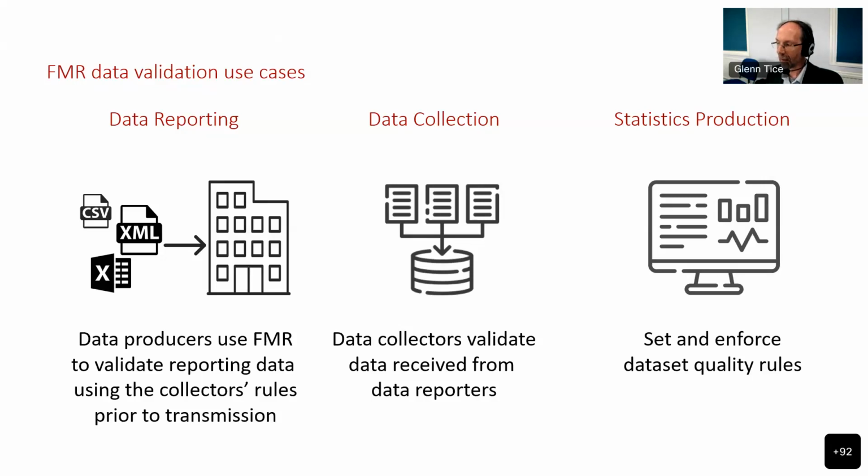Perhaps in producing data for dissemination, it's really helpful to know whether the data that is being produced conforms to particular data rules, to particular data structures and validation rules. So even in statistics production, the FMR data validation function serves a purpose to make sure that the data is valid according to the rules that you define throughout the production lifecycle.